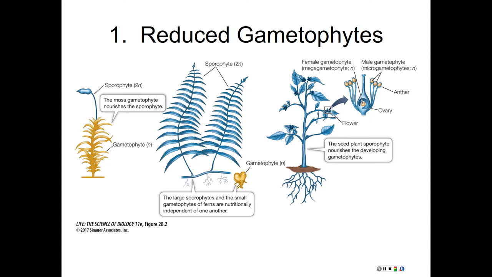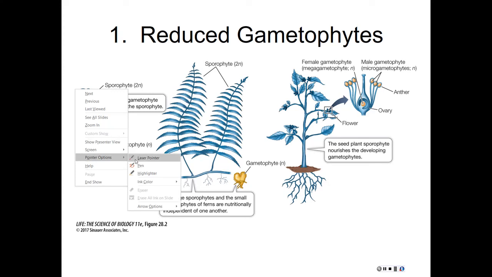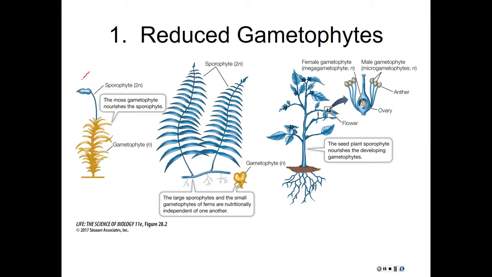So if we look at our different types of plants here, so here we have our seedless vascular plant. I'm sorry, that's not a seedless vascular plant, that is a non-vascular plant. So if we take something like a moss, the gametophyte is the dominant part of the alternation of generations.